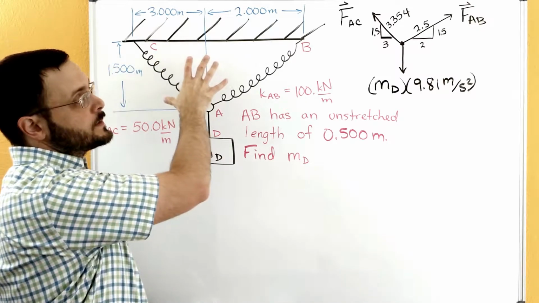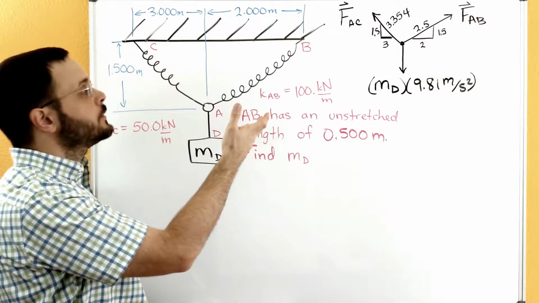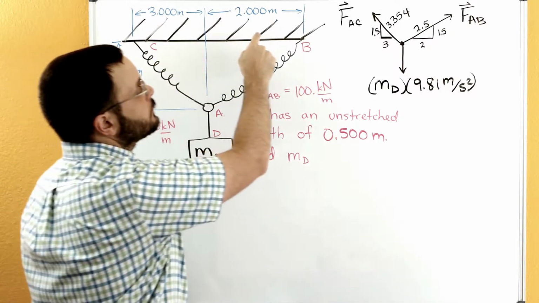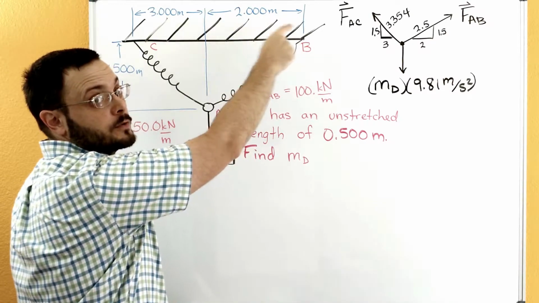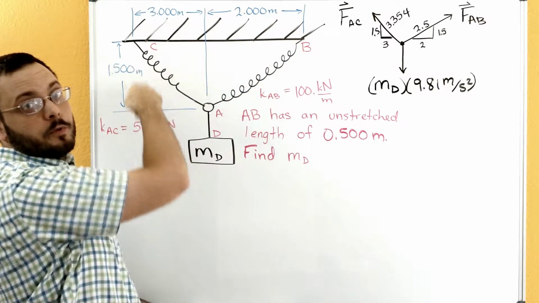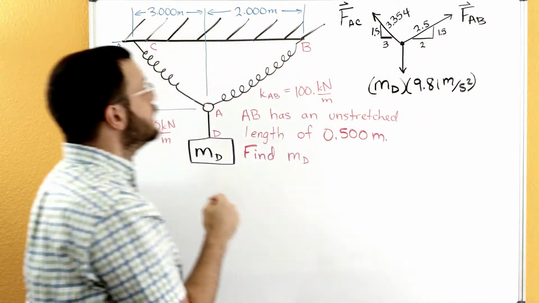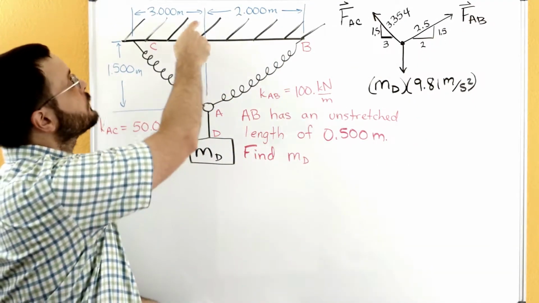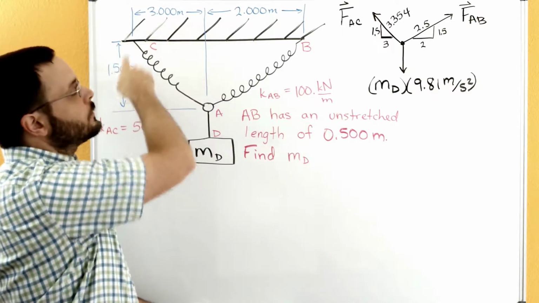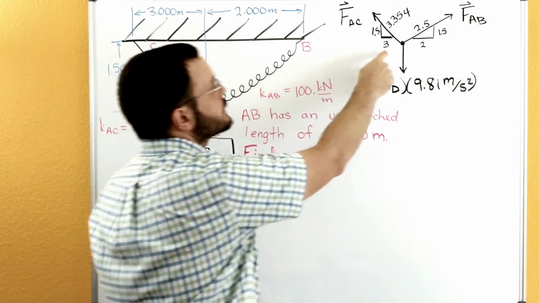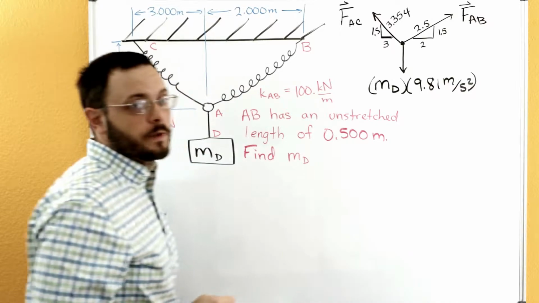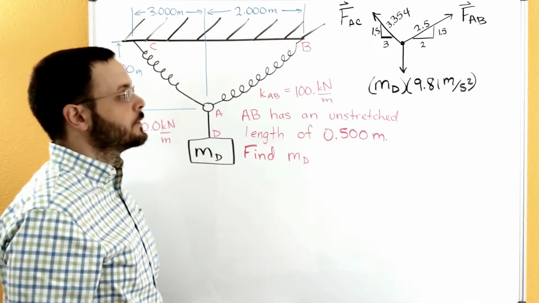We have some distance information, so we can draw those similar triangles over here. So for AB, we have the 2 meters horizontally. We have the 1.5 meters vertically, so there's our 2 and our 1.5. Over here for FAC, we have the 3 meters horizontally and 1.5 meters vertical. So we can draw the 3 and the 1.5 for that similar triangle.